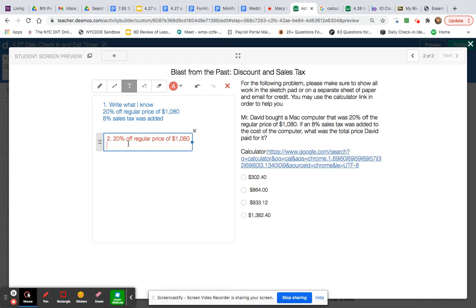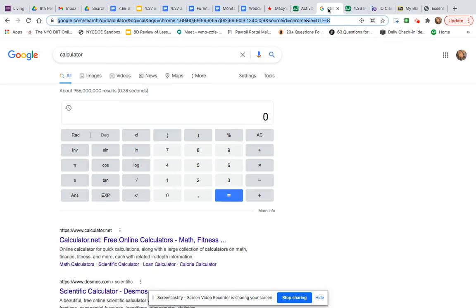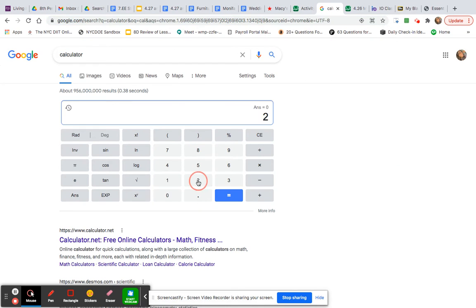So the first thing I need to do is figure out what 20% is as a decimal. You guys know that 20% is the same thing as 20 over 100 because percent means out of 100. And if you didn't remember, if you take 20 divided by 100, that gives you 0.2 or 0.20.